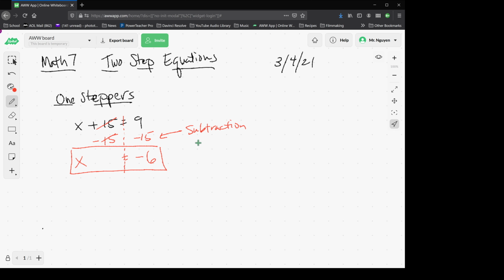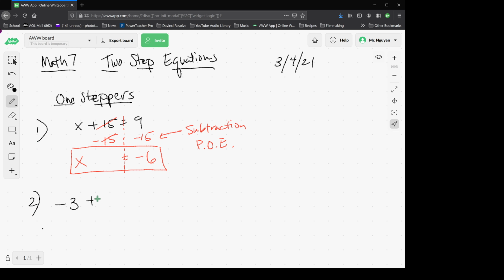I'm just going to abbreviate that with PO, property of equality. So that's a one-step equation. Here's another one. Maybe we should number this. This is 2.